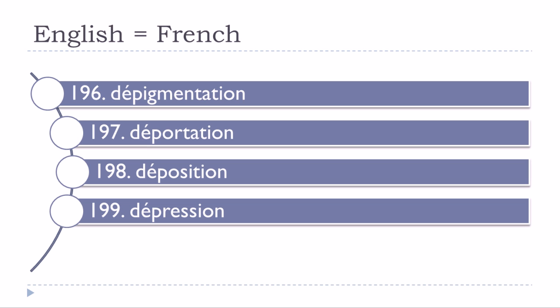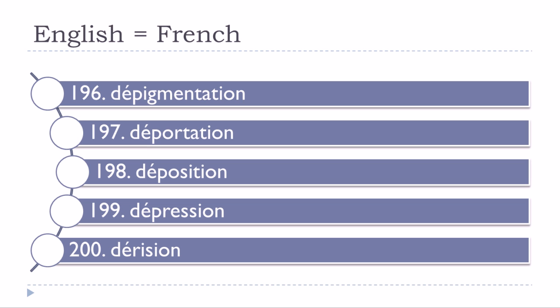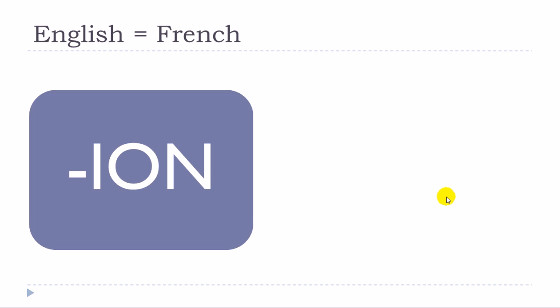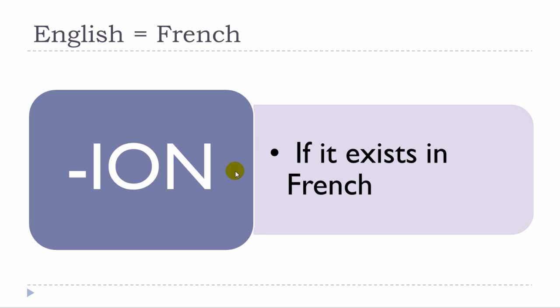Déposition, dépression, dérision. Identical words in English and French, and we'll only focus on the -ION words, so the words that end with -ION in English and that will be the same in French. But keep in mind that, of course, it must exist in French, because it's not the case for all the -ION words, so be careful.